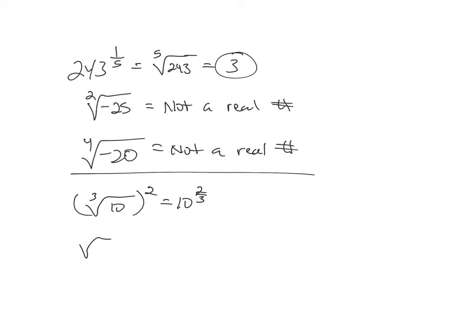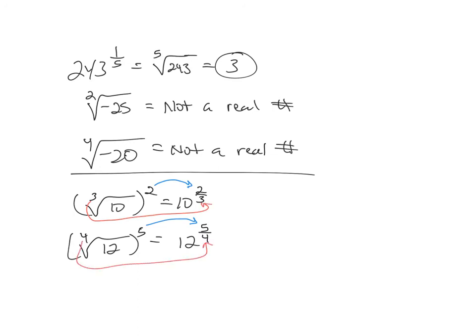And this would be 12. The exponent is actually the numerator, and the root is the denominator. It doesn't matter that the 5 is bigger than the 4. So the exponent goes on top, and the root goes on the bottom. The number stays the same, 10, 10, 12, 12, whatever.